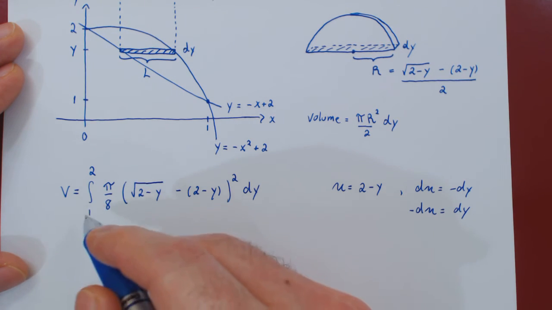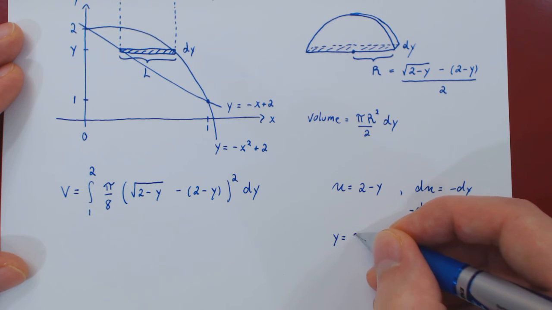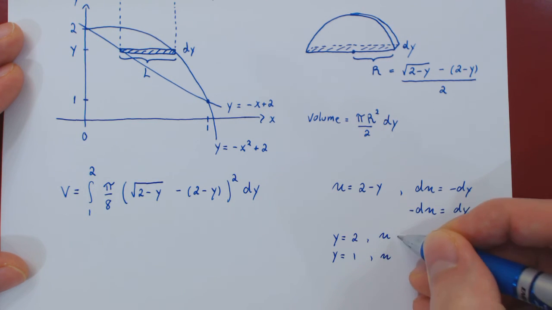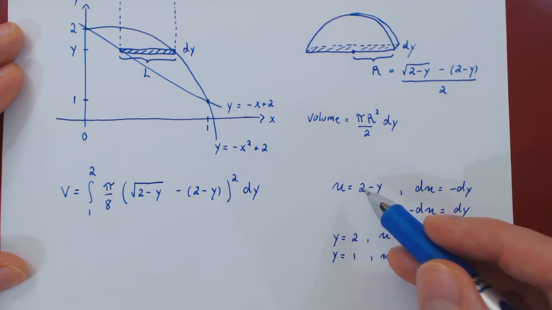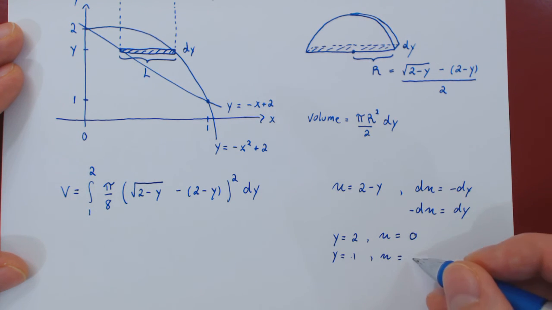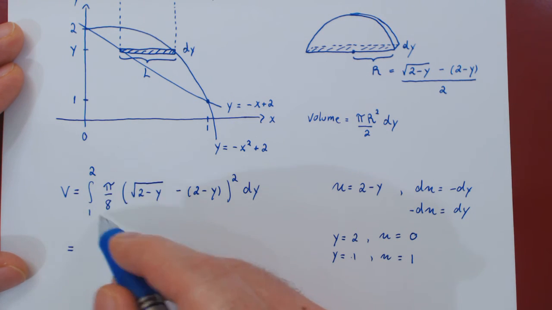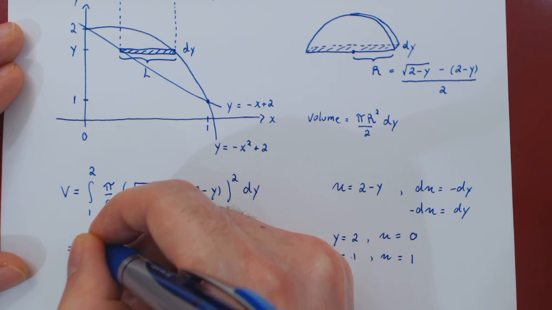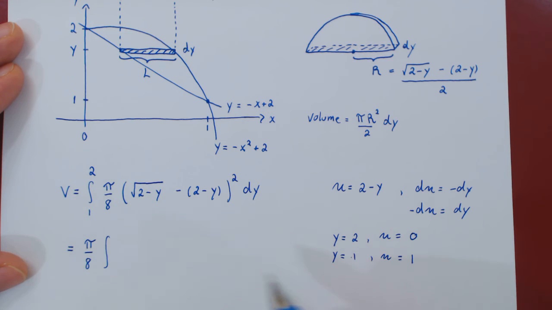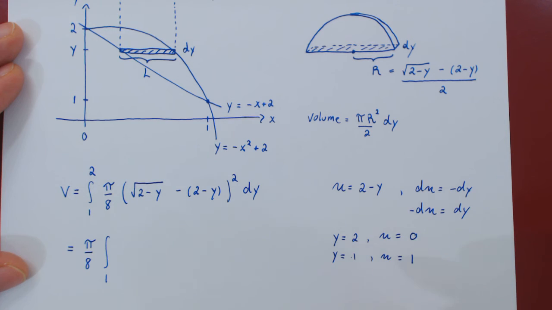And we have two y values, y equals 2 and y equals 1, and we need corresponding u values. Well, u is quite simply 2 minus y. So 2 minus 2 is 0. 2 minus 1 is 1. We can factor out this pi over 8 as it is a constant multiple. Integral of, well again, when y was 1, u is also 1. When y is 2, u is 0.